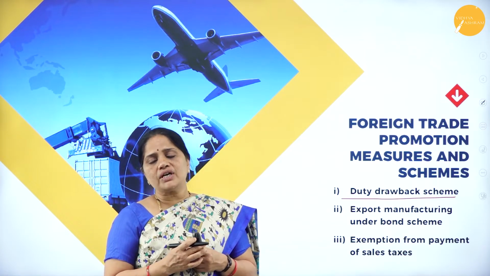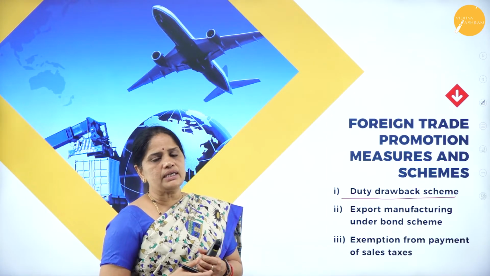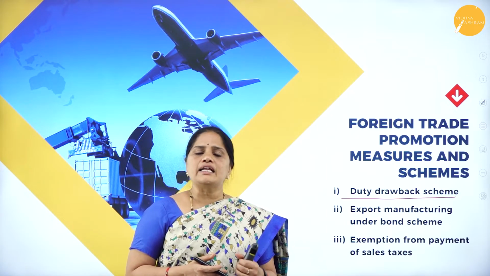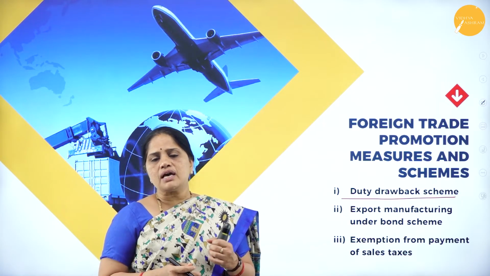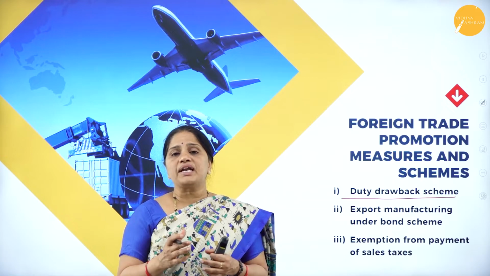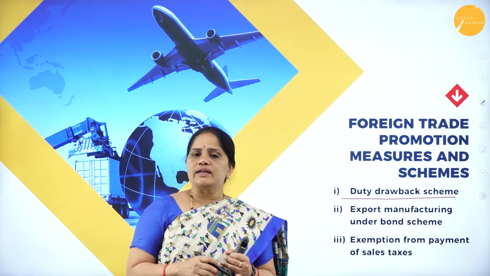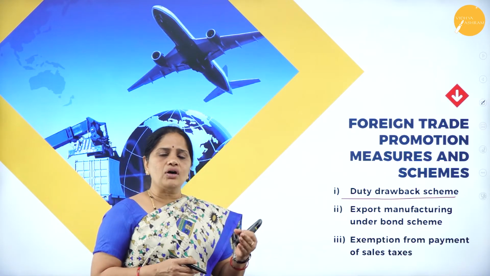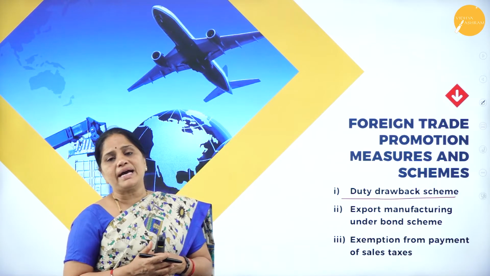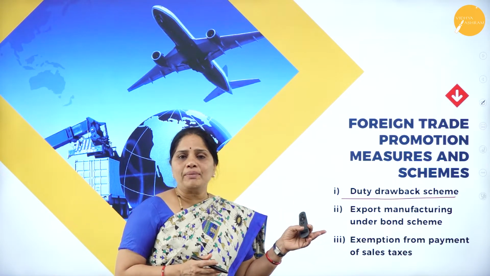But if the goods are subject to customs duty or excise duty, the exporter can get a refund on such duties. If he produces proof that such goods are meant for exports only, he can get the refund the government gives for all the duties already paid by the exporter. That we call the duty drawback scheme.